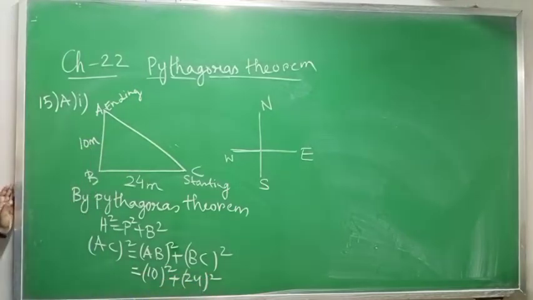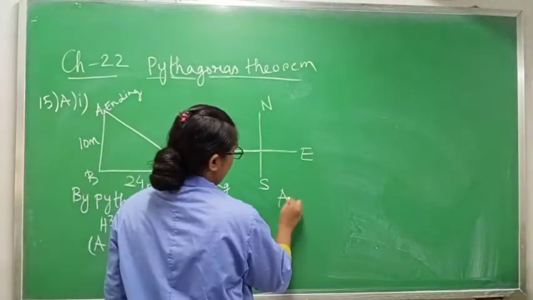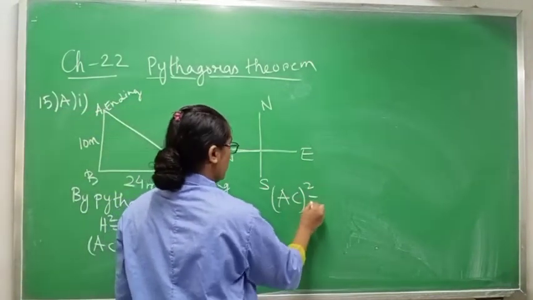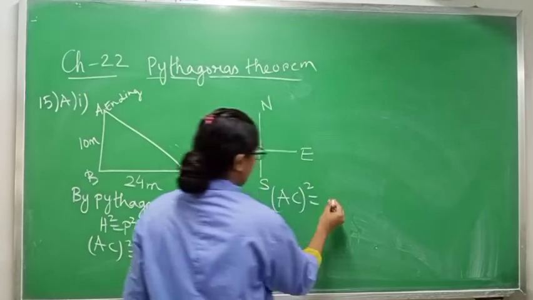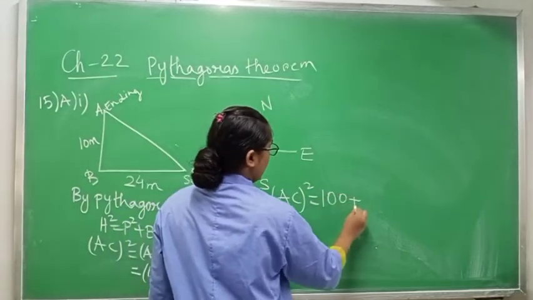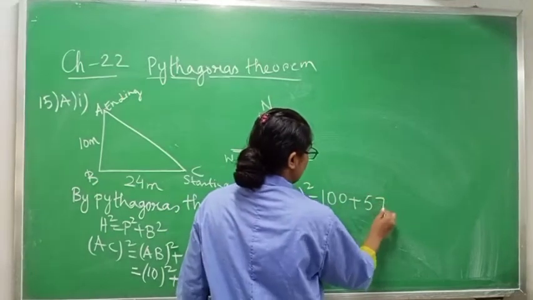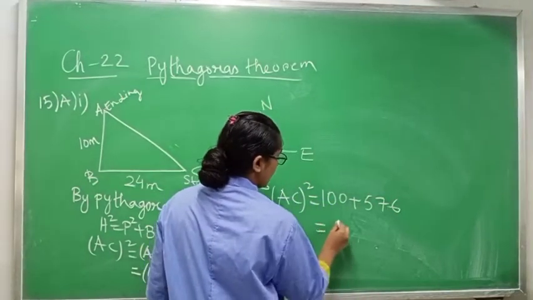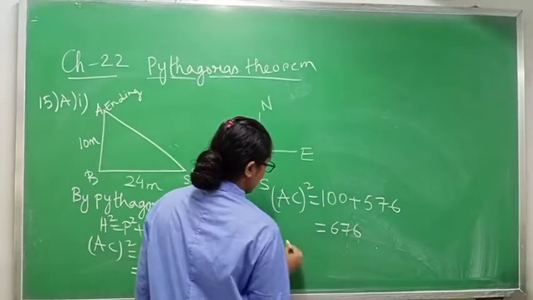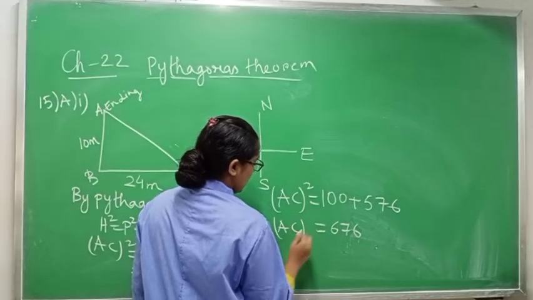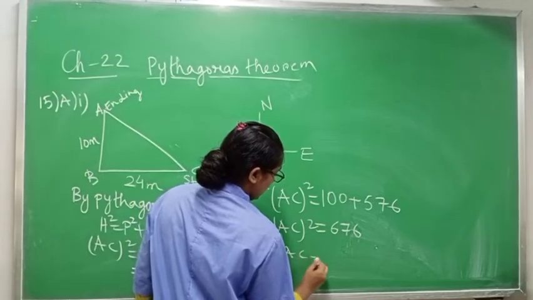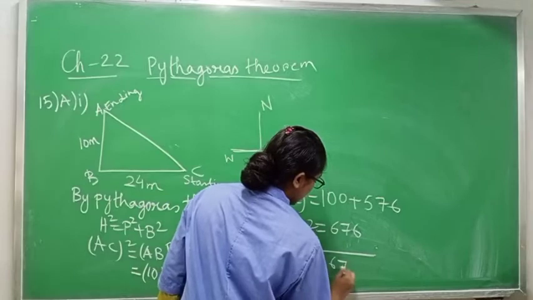Okay. Now AC square equals to 10 square is 100 and 24 square will give you 576. Add these to get 676, so AC square is 676. Now AC is the square root of 676.